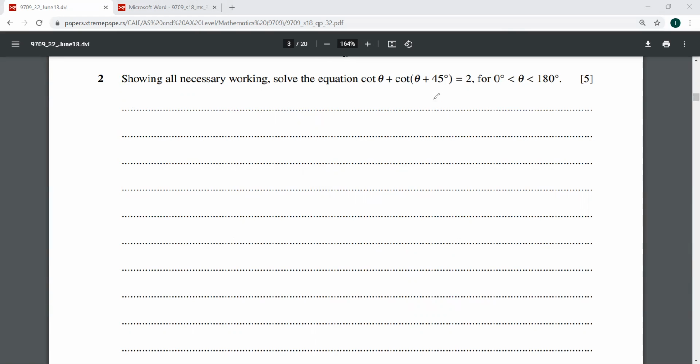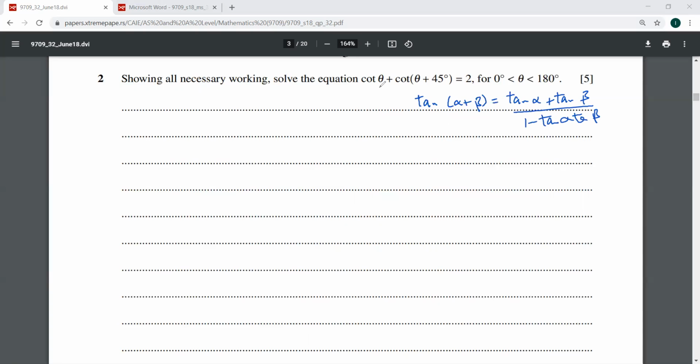Okay, so tan alpha plus beta. This is, by the way, there in the formula booklet as well. Okay, tan alpha plus tan beta over 1 minus tan alpha tan beta. Okay, so we have to solve this equation here.